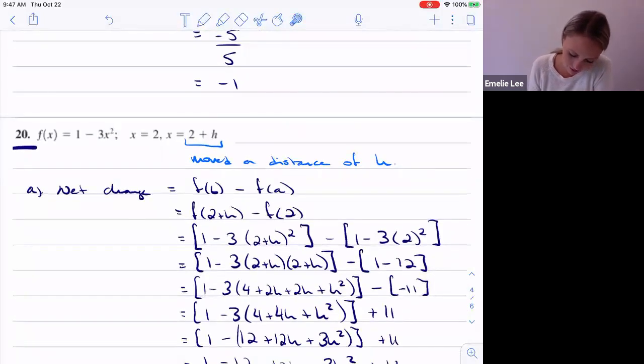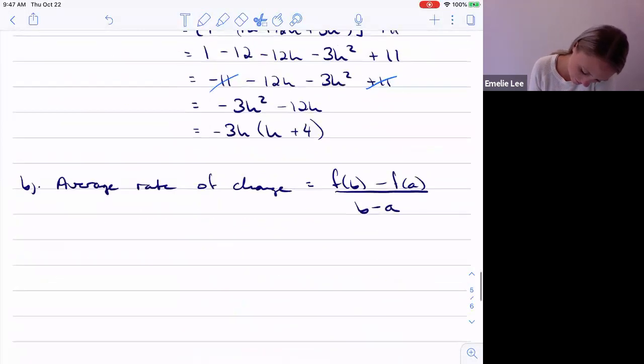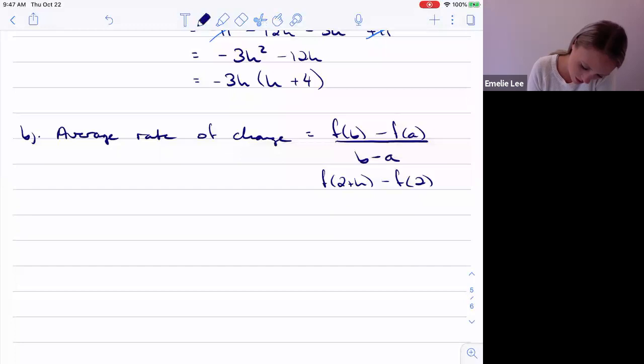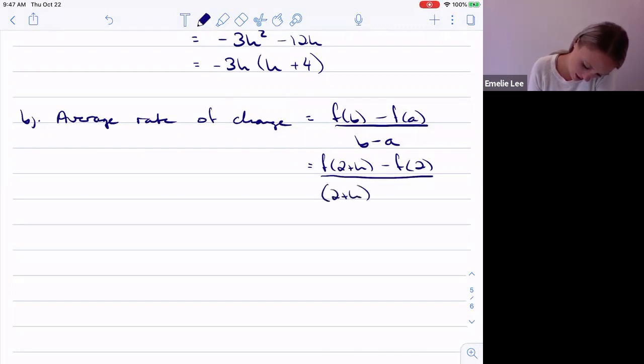In fact, we're done with the hard part. f of b minus f of a is this, and I'm going to just copy it so I remember. So this is going to be f of 2 plus h minus f of 2, divided by 2 plus h minus 2.